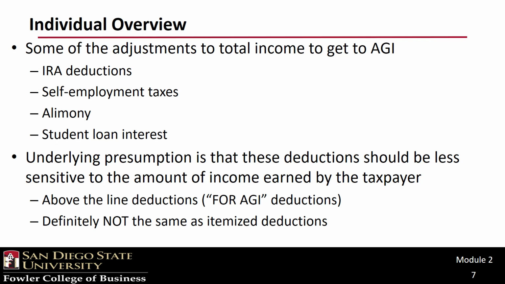These include a deduction for contributions to an individual retirement account, one-half of your self-employment taxes, a deduction for alimony, which by the way was repealed for new divorces after the end of 2018, and student loan interest. These are called for AGI deductions because in theory, but not always in practice, these are not sensitive to the level of income, therefore not really sensitive to the ability to pay.